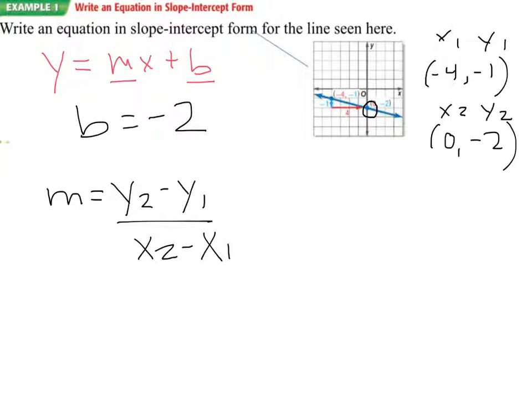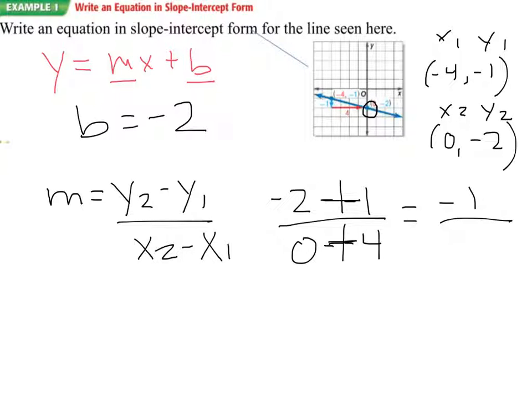So if we plug those values in, we're going to have -2 minus -1 over 0 minus -4. In both cases, I have double negatives, so I'm going to make it a positive. So I have -2 plus 1, which is -1, and 0 plus 4, which is 4. So we know that our slope is -1/4.